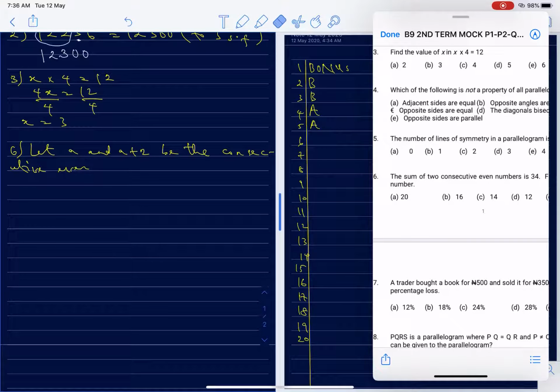That means A plus 2 is immediately after A.